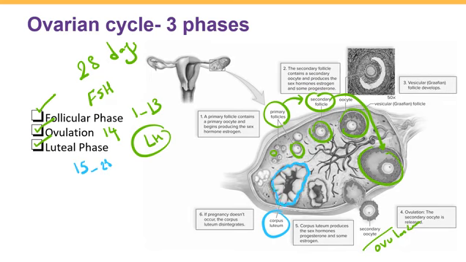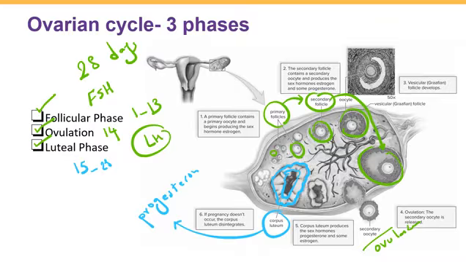So it acts like an endocrine gland and produces progesterone hormone. The progesterone is sending the message to the uterus to prepare for the future embryo.